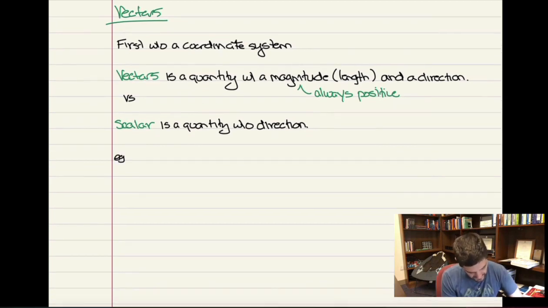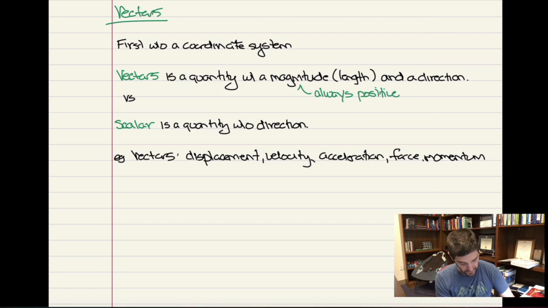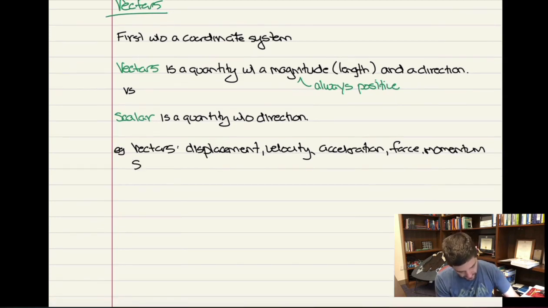Some examples of vector quantities that we'll see in this class: we've already seen displacement, velocity, acceleration. Force will be a vector, momentum will be a vector, angular momentum will be a vector. There is directionality associated with those.